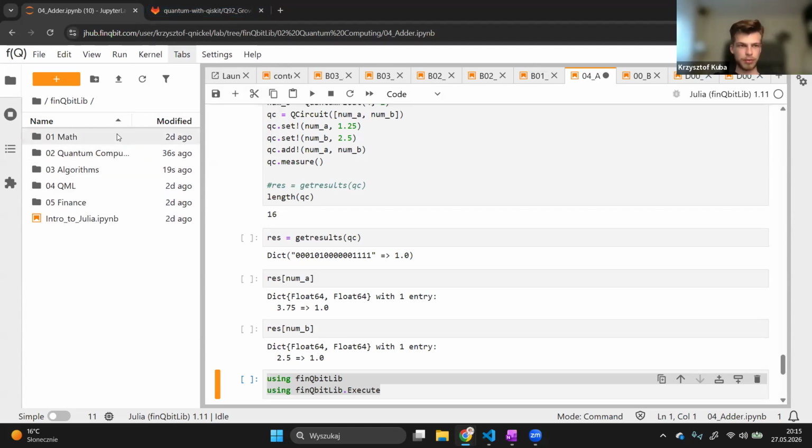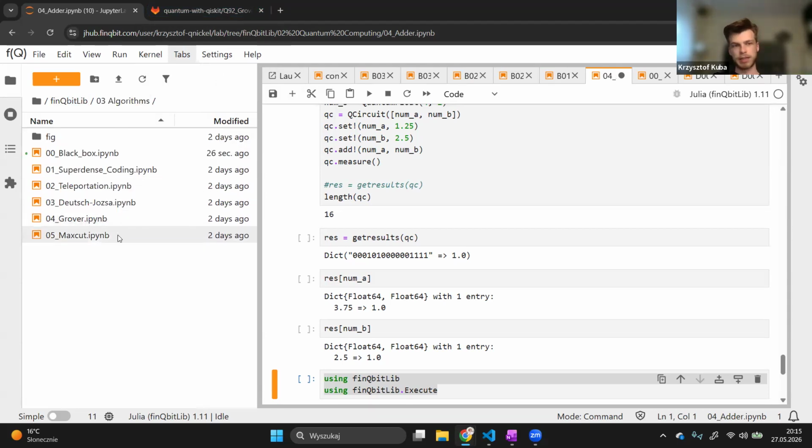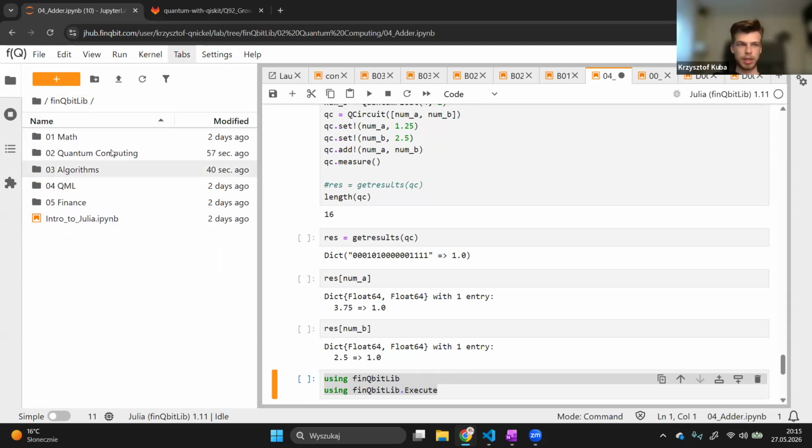There are different folders with math, quantum computing, and algorithms, including the Grover algorithm we're covering and the MaxCut problem, in the FinQubit library. We will cover it briefly on Friday, but in the meantime, if you're interested, you can take a look. Also there are some algorithms from Qiskit Finance to calculate the price of options, call option and put option.